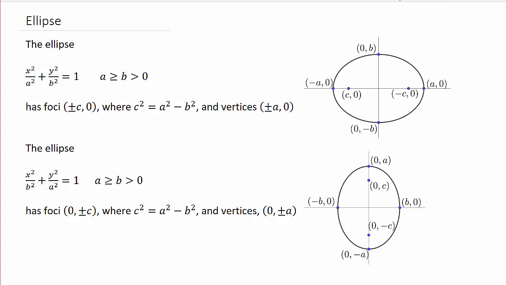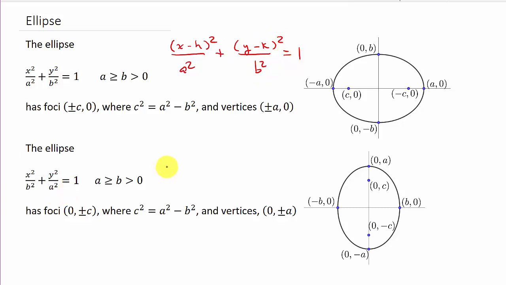Now another thing, notice that for these ellipses the center is at 0, 0. Now you may have an ellipse where the center is not at 0, 0. So how would that look? Well, it would look similar to this, but the equation would be: x minus h squared over a squared plus y minus k squared over b squared equals 1.